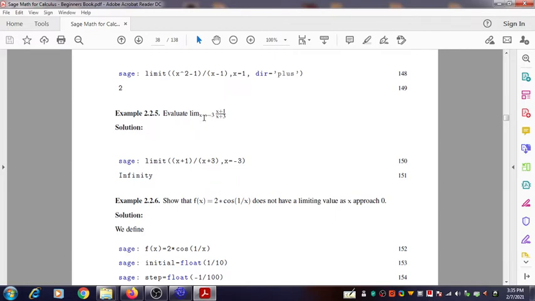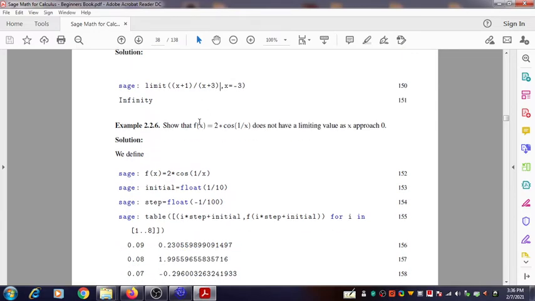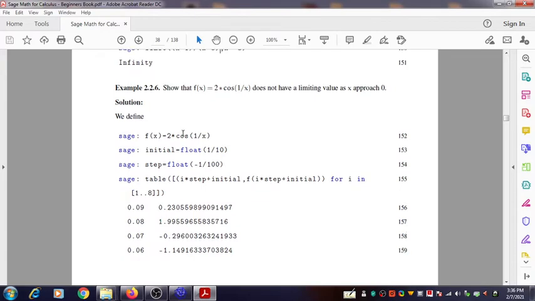But if it were the left hand side limit at the point minus 3, then after that one more minus sign must be given. So you can use this command, limit (x plus 1) divided by (x plus 3), comma, x equals minus 3, and you can run it.